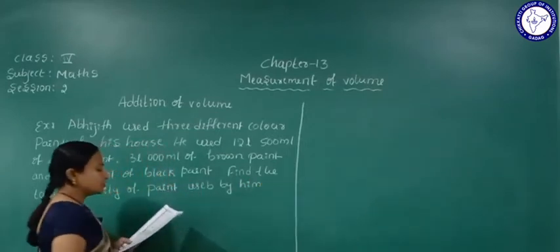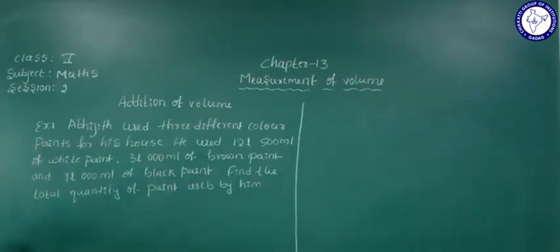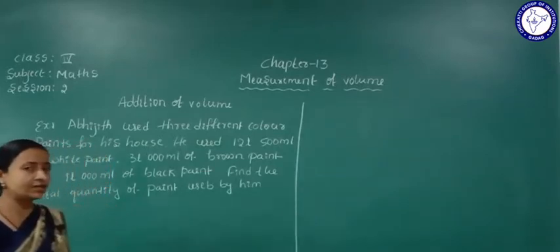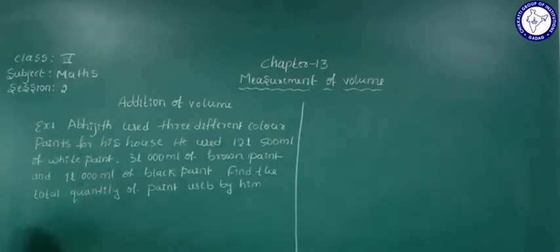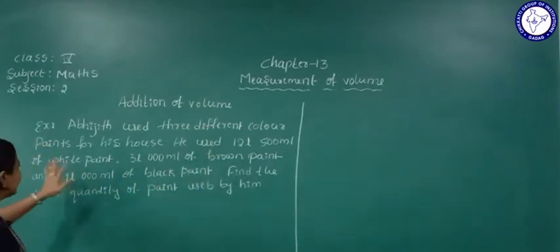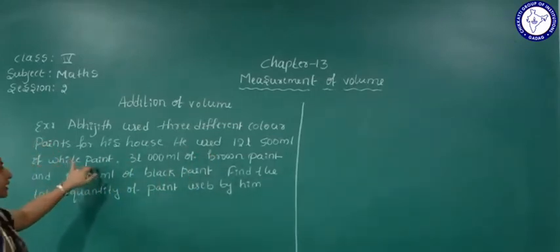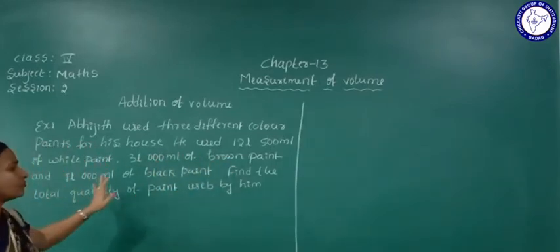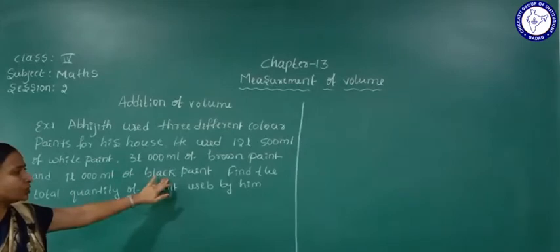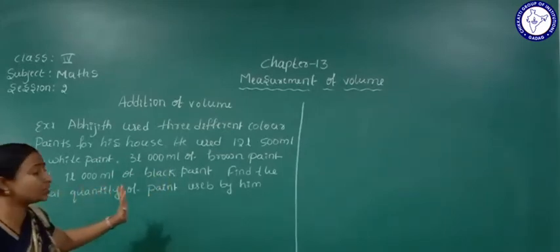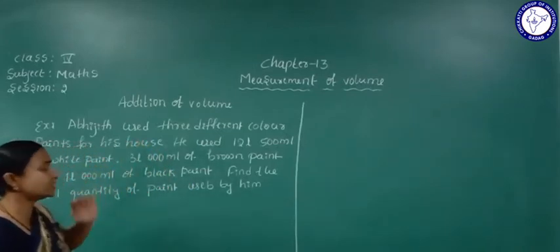So here, students, in this question Abhijit used 3 different colors for his house. He used 12 liter 500 ml of white paint, then 3 liter of brown paint and 1 liter of black paint. Totally how much quantity of paint did he use for his house?